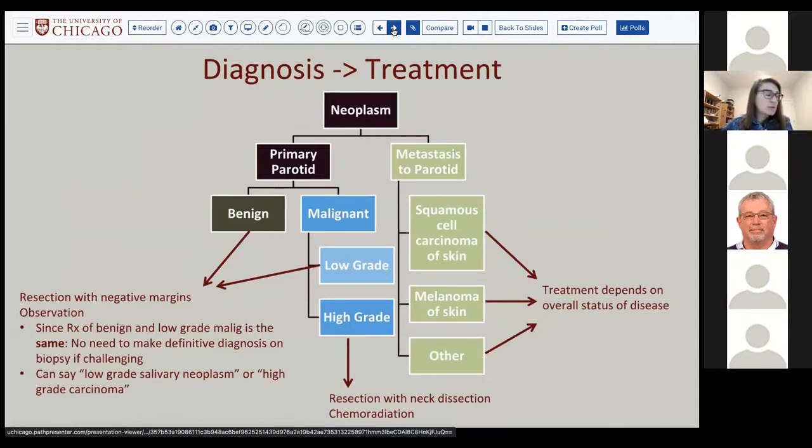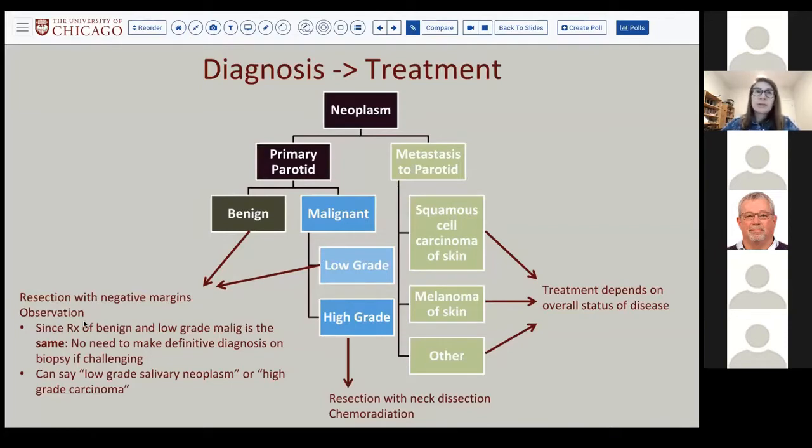So there can certainly be tumors that arise in the parotid tissue, as well as those that metastasize to intra and periglandular lymph nodes. If a primary parotid neoplasm is defined as benign, even if it's defined as a low-grade malignancy, generally these undergo the same treatment, which is resection with negative margins and follow-up observation.